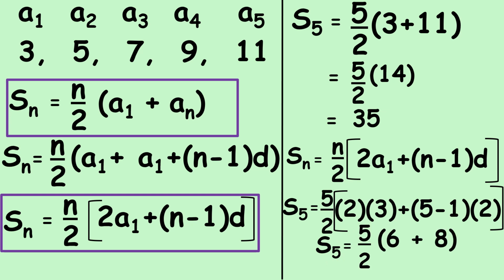So we'll have 5 over 2 times 6 plus 8, and 6 plus 8 is 14. So 5 over 2 times 14, and therefore we have 35, because 2 will go into 14 7 times, and 7 times 5 is 35. So we have shown the 2 different methods to be able to find the sum of those 5 terms.